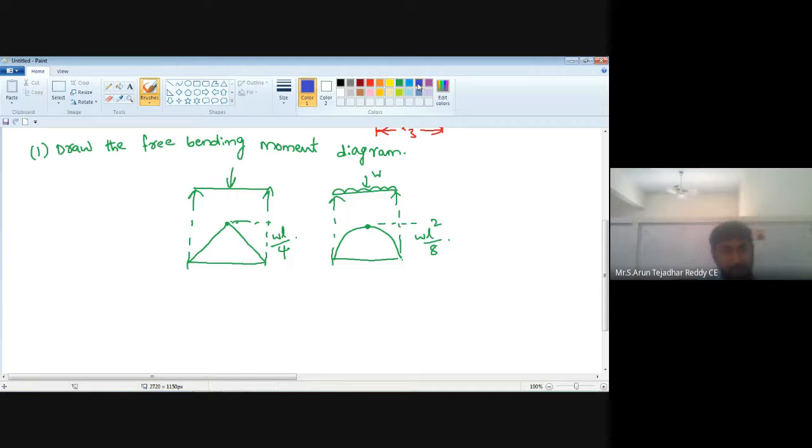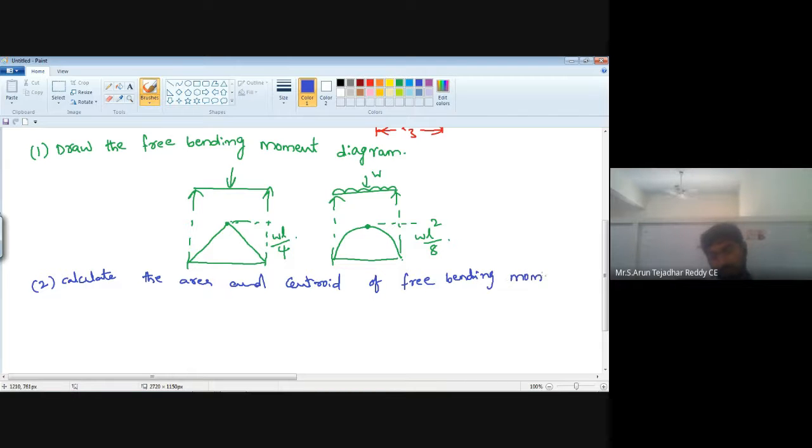Next, what about the second step here? That is, calculate the area and centroid of the free bending moment diagram between 2 points.